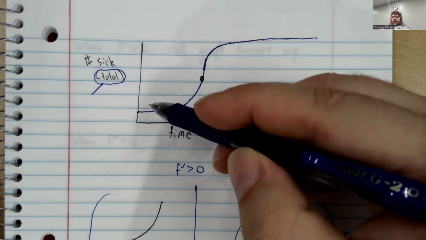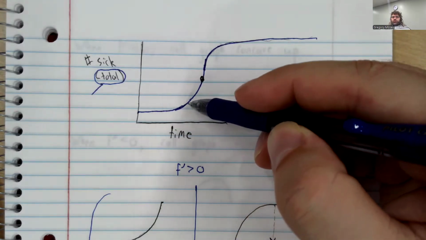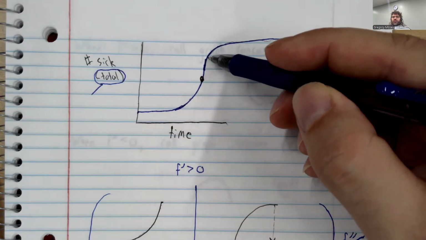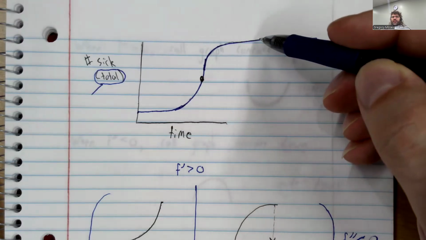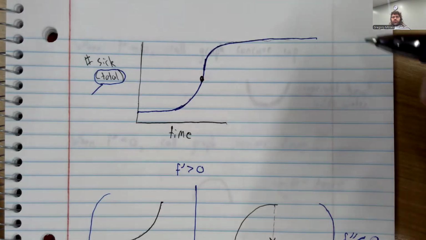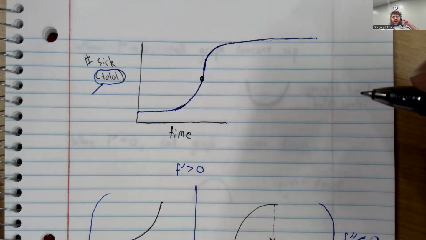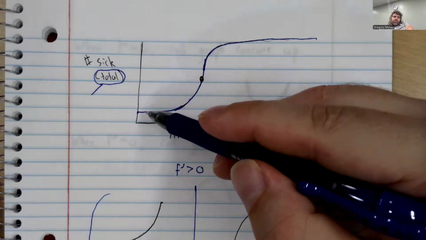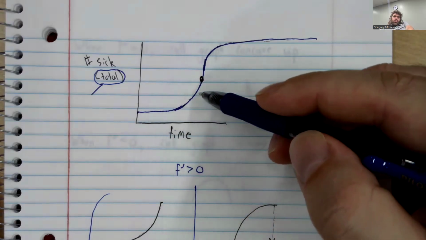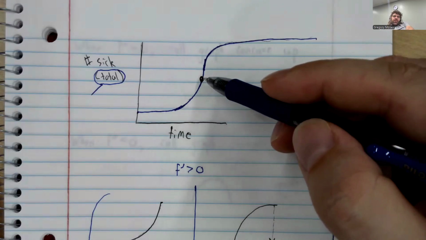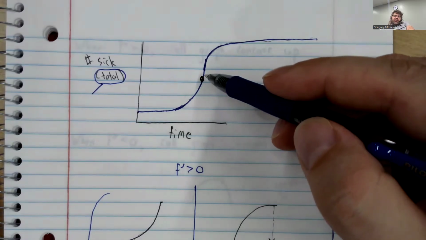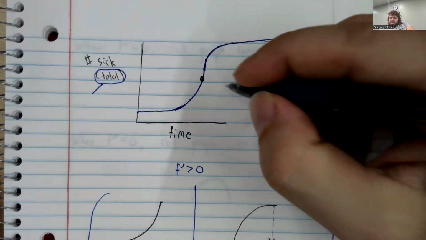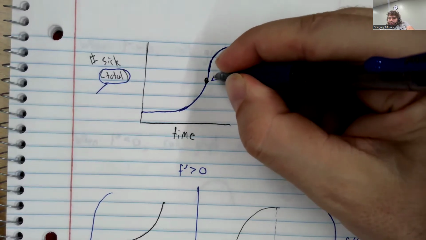And I said, well, initially the epidemic is growing out of control, but eventually the epidemic starts to get under control. And I pointed out that when the epidemic was growing out of control, it was increasing concave up. And when it started to get under control, it's increasing concave down.